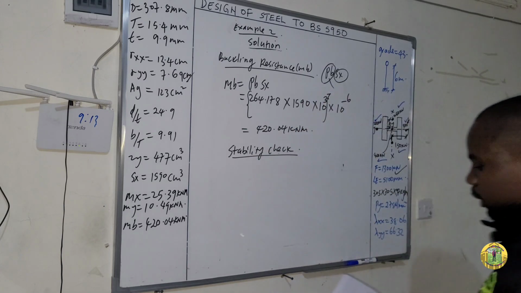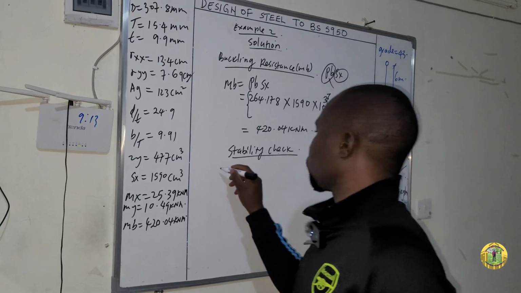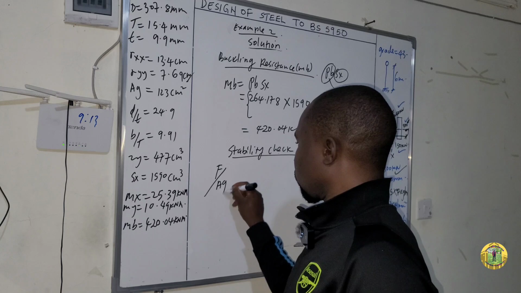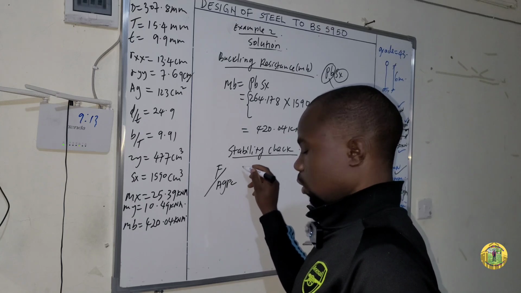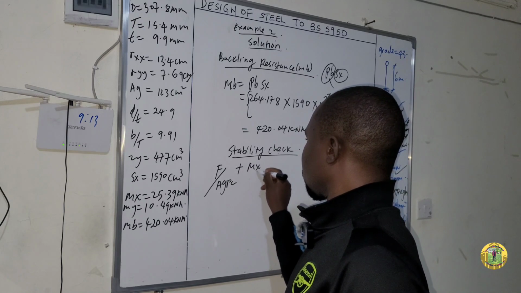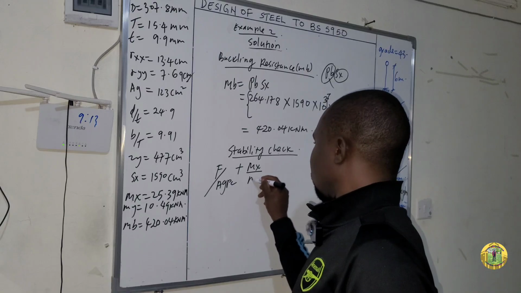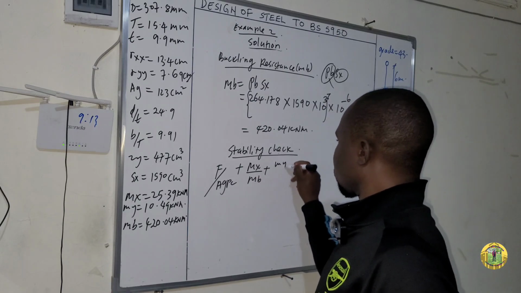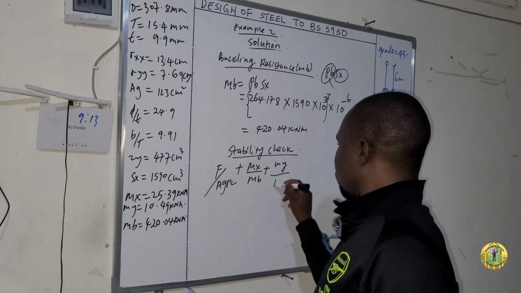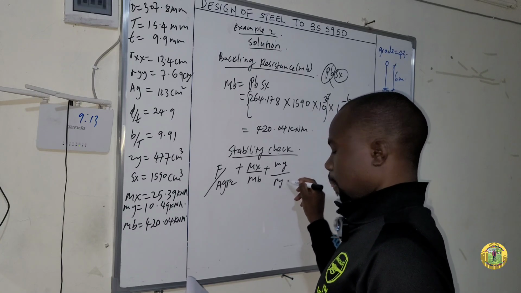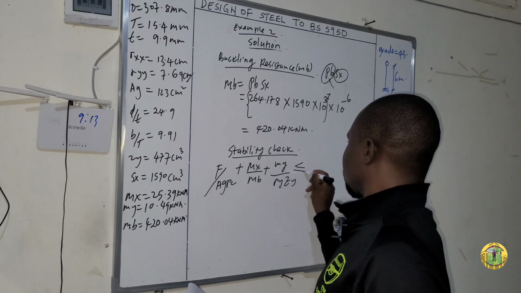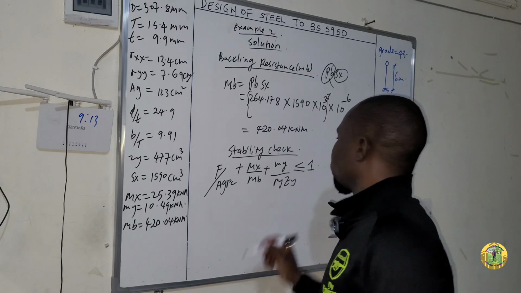So for stability check, we'll apply this formula: F over AGPC plus MX over MB plus MY over PYZY must be less or equal to 1.